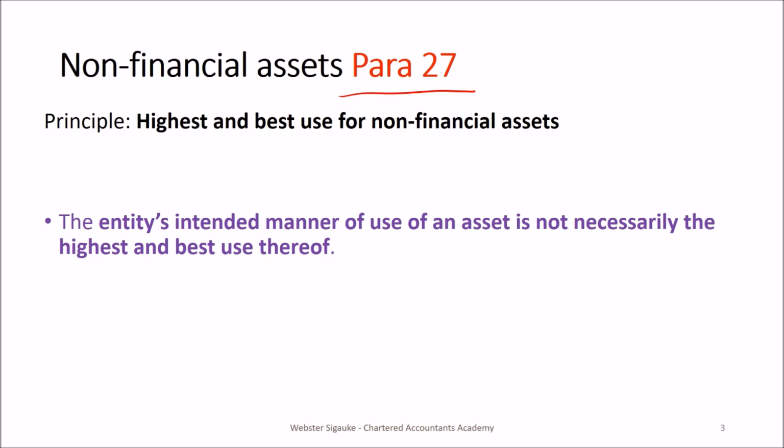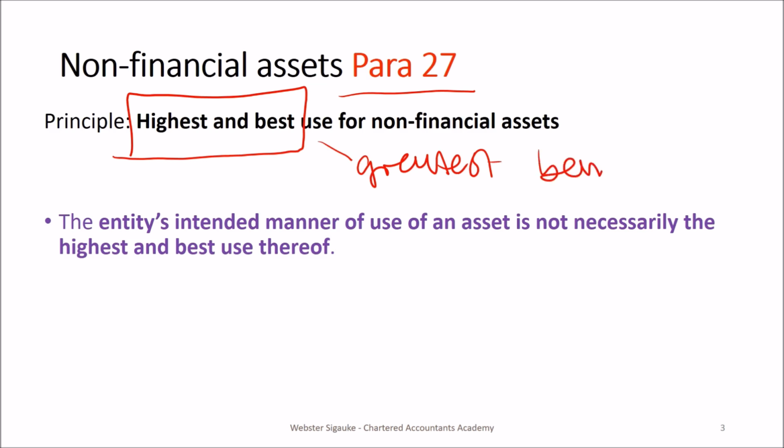So for a non-monetary asset, paragraph 27 allows you to move away from the principal market and you go to the highest and best use. So which market gives you the highest and best use for that particular asset? Because that's the market which gives you the greatest benefit, which you need to consider. So highest and best use is always key when you're considering the fair value of a non-monetary asset.